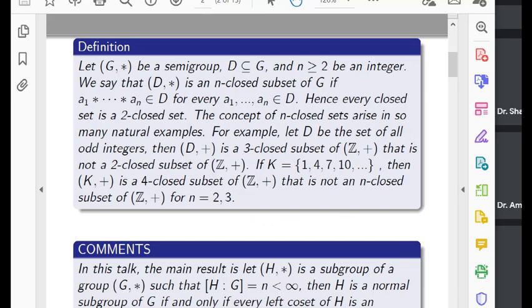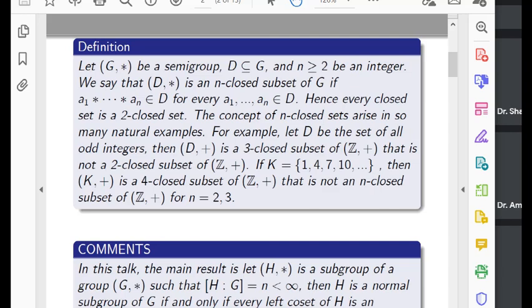You have a semigroup, and D is a set that lives inside this semigroup, and you choose an integer n bigger or equal to 2. So what do we mean that this set is closed? Exactly what you expect.